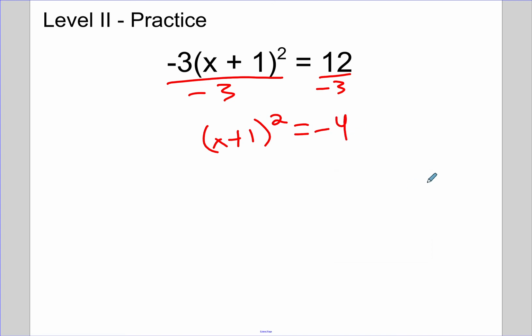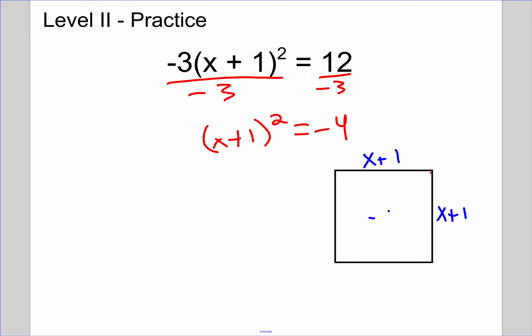Now, if you're worried about taking advantage of the symmetry of the square, we don't have to worry about that, because if we think broadly about the side lengths, we still have x plus 1 as our side length, and now we have an area of negative 4.